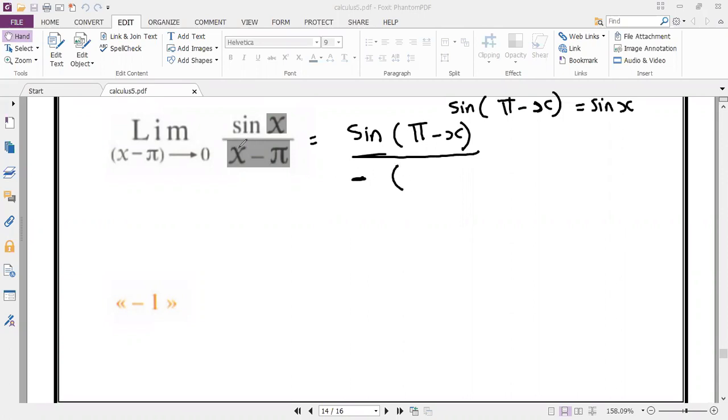So negative, and I have here x minus pi. If we take negative as a factor, that is going to be pi minus x. Now we have the same variable, pi minus x at the top and pi minus x at the bottom. So you will divide the coefficients. The coefficient here is 1, and the coefficient here is minus 1. So that is going to be 1 divided by minus 1, which is equal to minus 1.